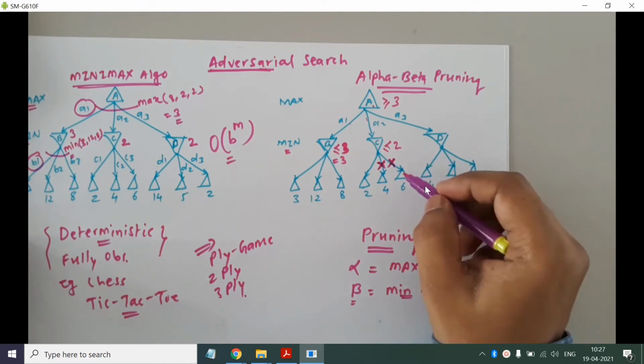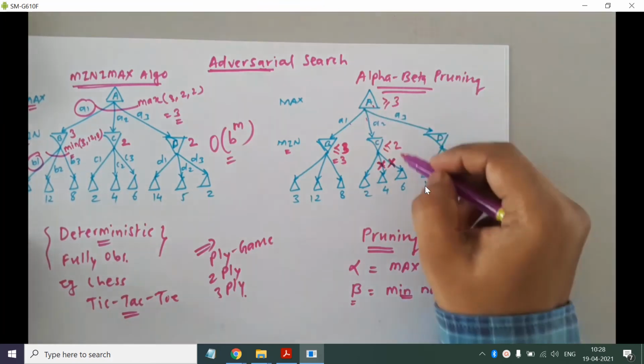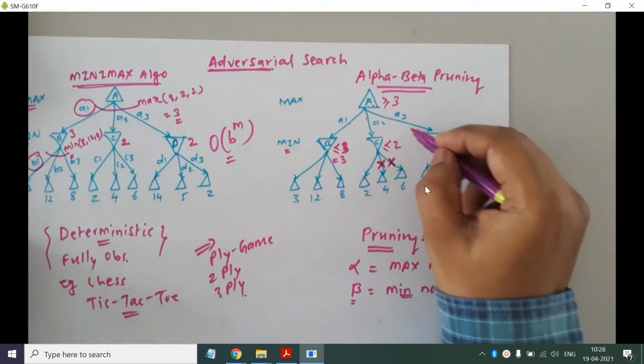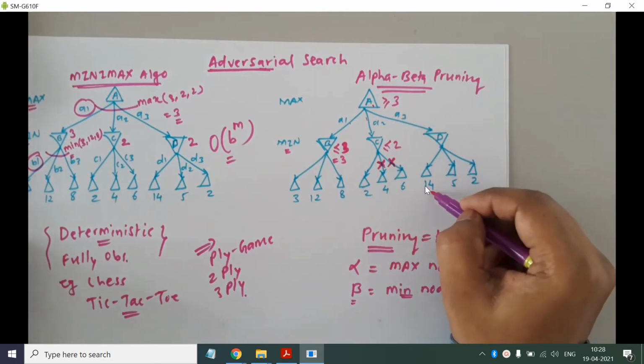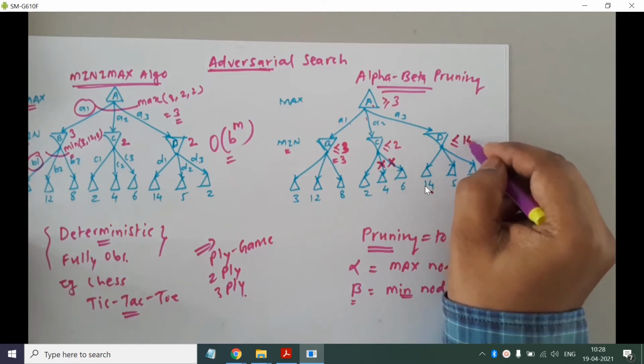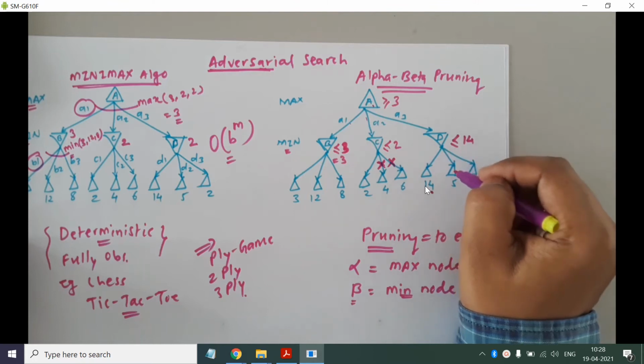Then we'll come back. Here there is no need to go to this branch, so we will come here. Now here we have 14, so min will try to lessen this value. He will come to the next branch, that is 5.